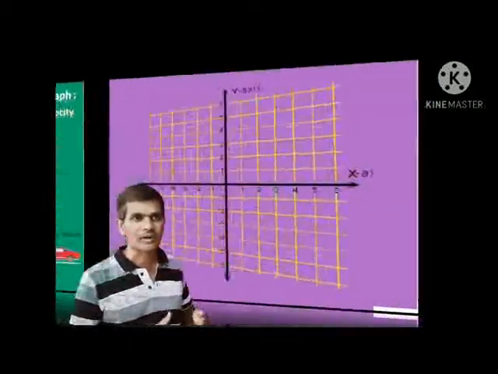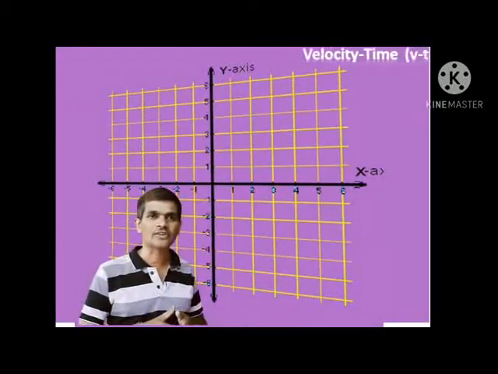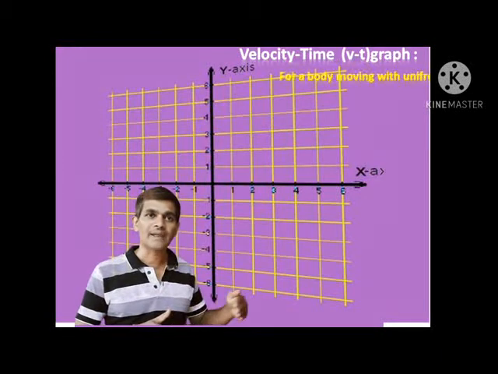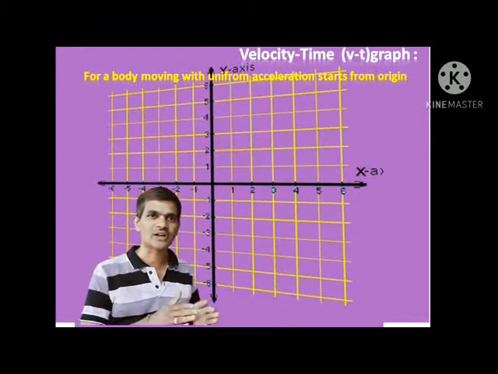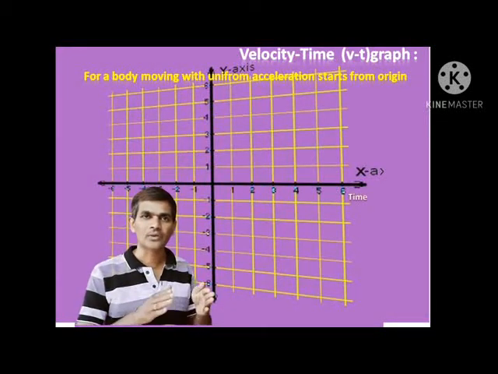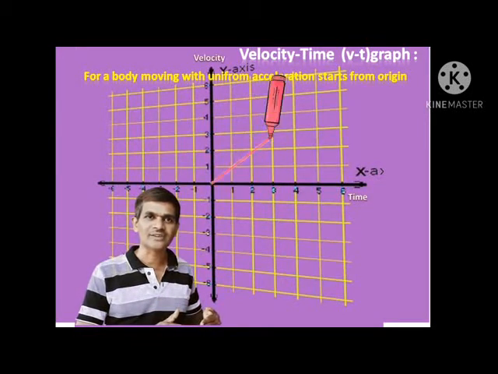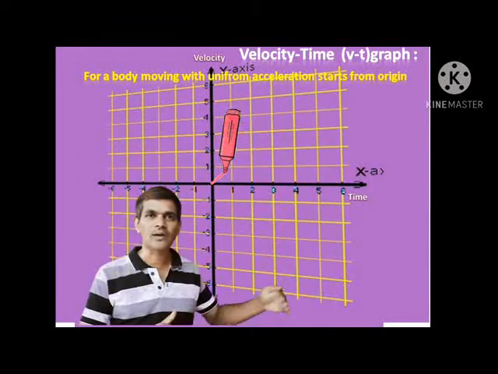Next, what is the velocity time graph for a body moving with uniform acceleration, starting from the origin? Its velocity increases at a uniform rate.